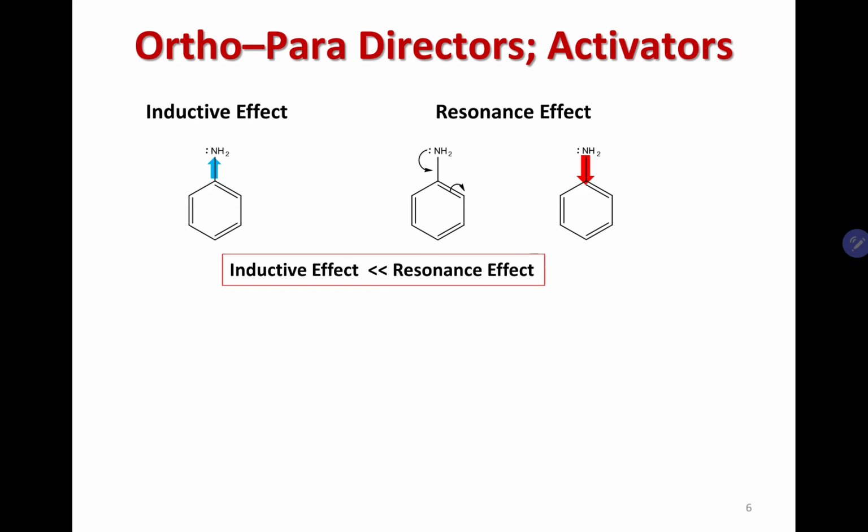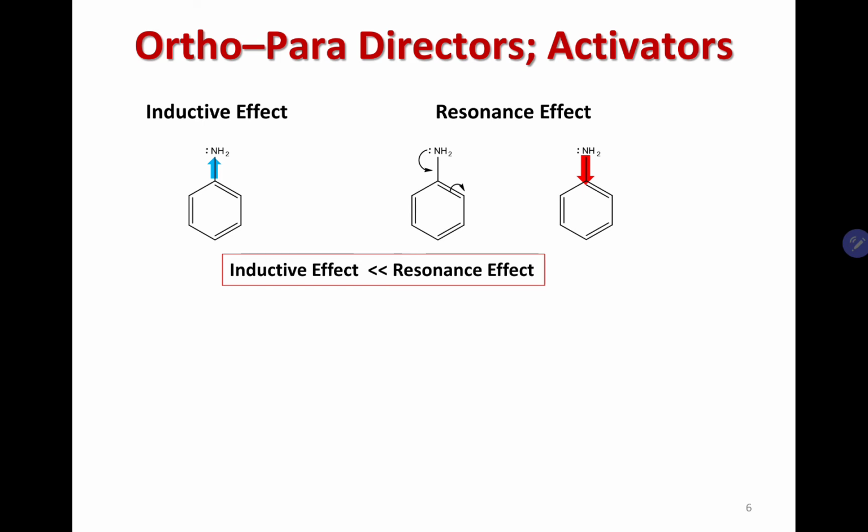All right, so let's do something. Let's take the electrophilic aromatic substitution reaction as an example for aniline, and then look at the resonance structures, and then see if it is also going to help this reaction.